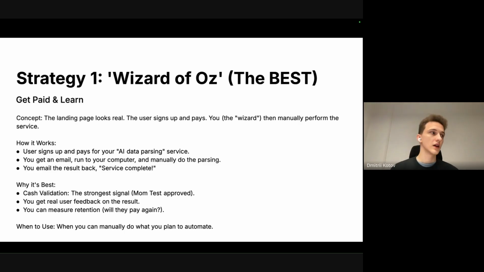For example, if we're talking about video editing, if we implement a tool that will do the video editing with AI, they can send us their videos with a prompt, and we will do the editing by hand or with other AI models. But in the end, we will send them an email that, look, your results are ready.